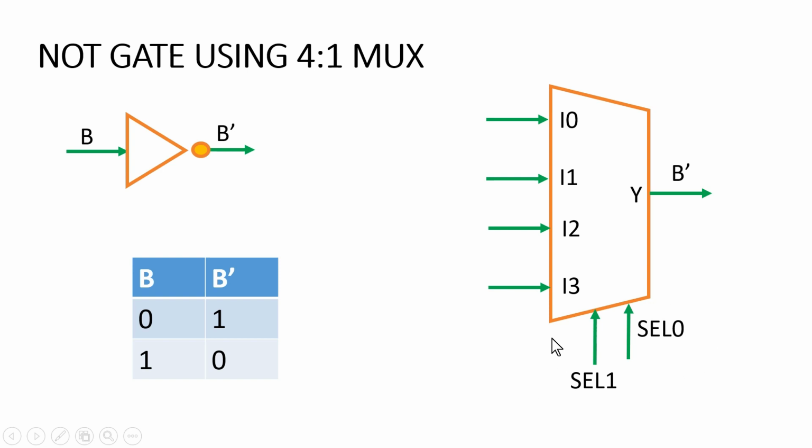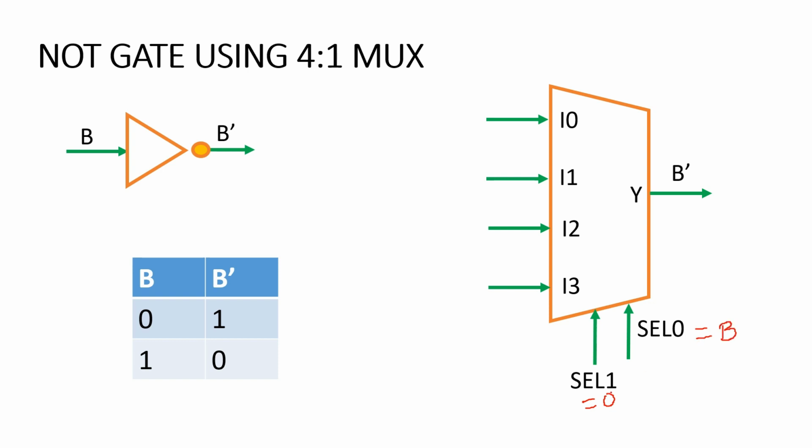In this case, we have two select lines, but we have only one input. Now what we need to do is apply this one input at one of the select lines, and make the other select line 0. So I am making select 1 equal to 0, and I am applying select 0 as signal B.